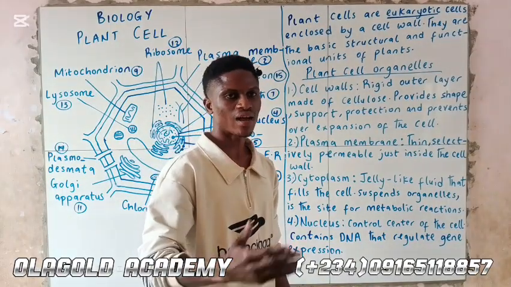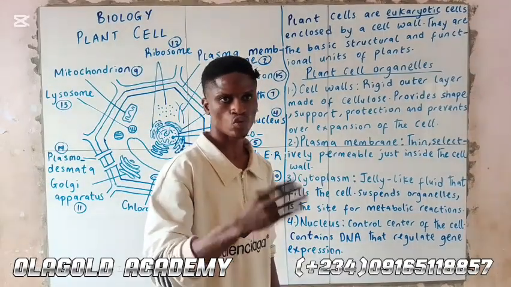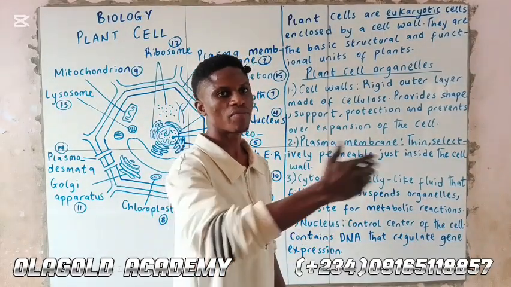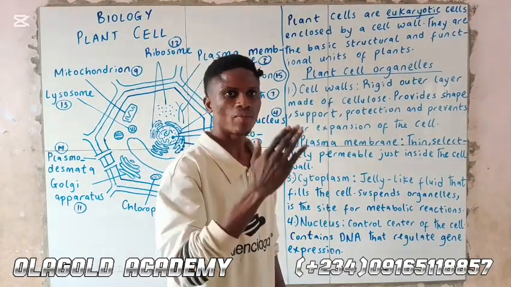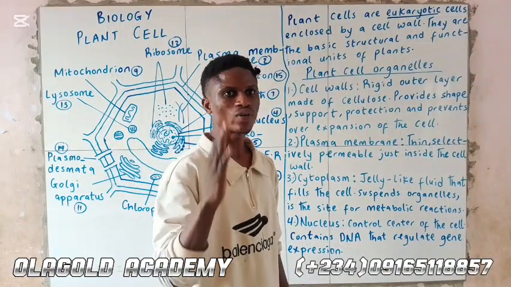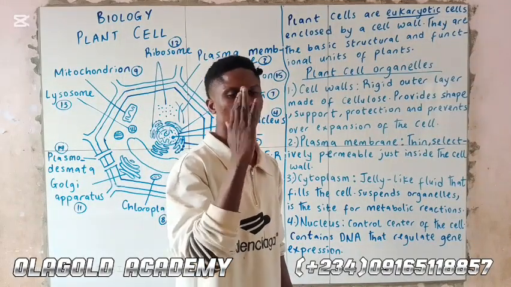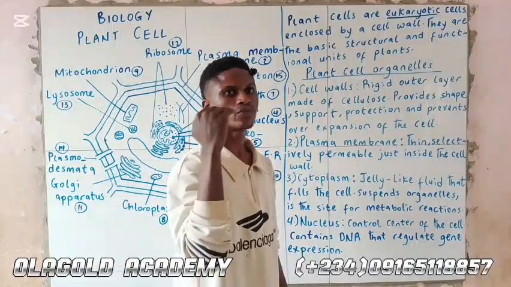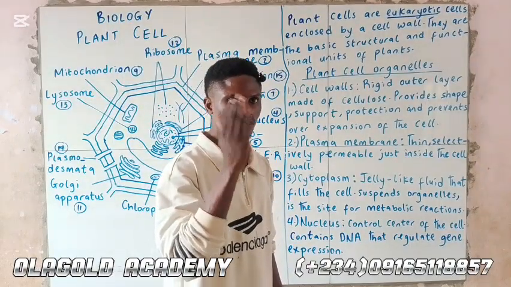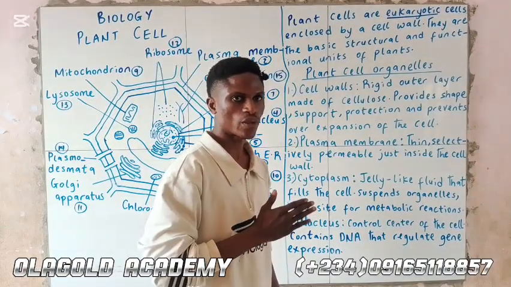A permeable membrane allows almost anything to come in and go inside. A non-permeable membrane does not allow anything to go inside. Examples are glass and metals, which do not allow anything to go inside of them.